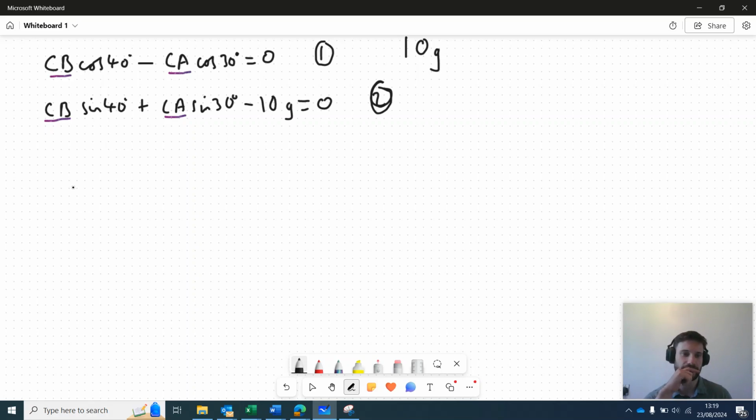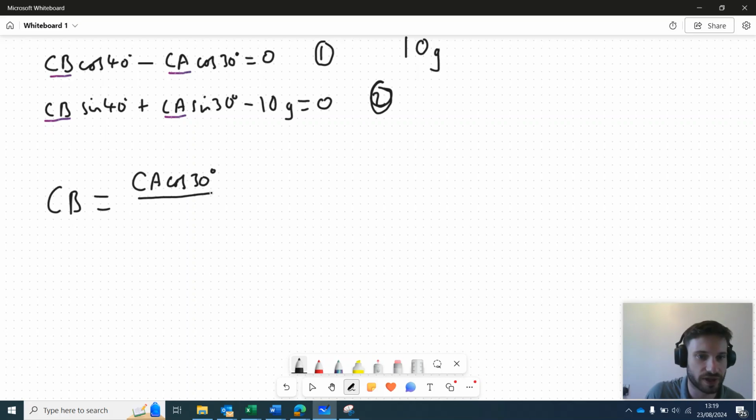Just looking at this, I would approach this by using substitution. So I'd rearrange equation 1 to the following: CB is equal to CA cos 30 over cos 40.